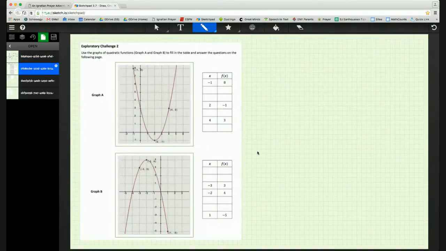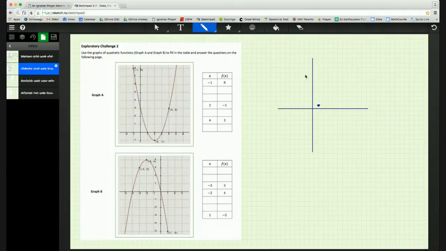So we're going to look at 2 graphs here, and these are both parabolas. Now, notice that these are skinnier parabolas in a sense. Let me just show you what I mean by that. I'm just going to draw some real quick sketches of a parabola with the same vertex. That's a skinny one and a fat one.